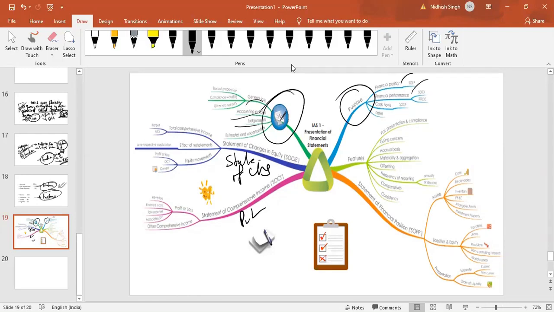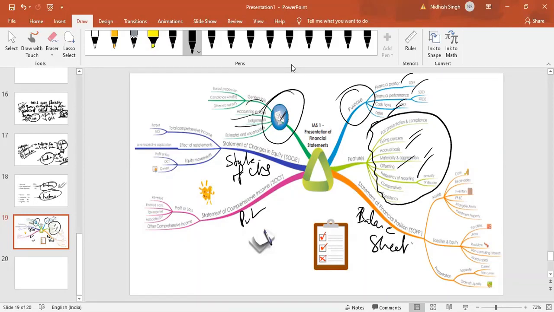Financial position, performance, cash flow, notes, and then we talk about the different framework of IAS 1. Going concern, we talked about accrual basis, materiality, offsetting, frequency of reporting, all these aspects. And here comes your balance sheet. What do you cover under the balance sheet? Assets, liabilities, and equity, and presentation. See, in one picture you have covered almost the entire IAS 1 and it is easy to remember.